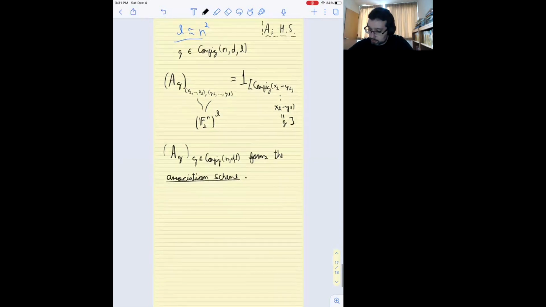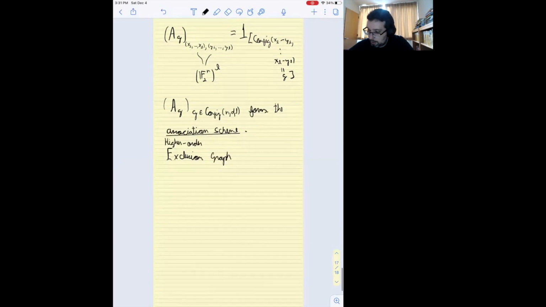And what is the exclusion graph, right? It's very simple. We need a higher order exclusion graph, higher order because of the hierarchy. We need to forbid everything that's too close to each other, right?